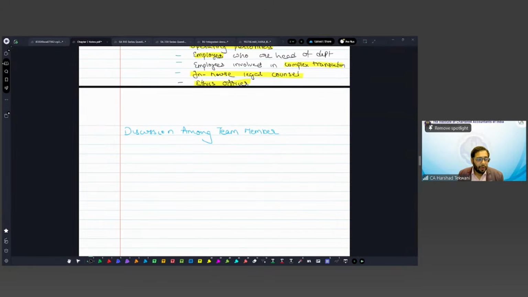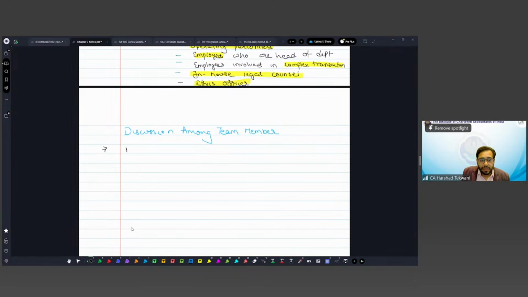Now, even beyond that, let's say in the discussion you have the engagement partners. Engagement partners have their experience with the entities. They have done the audit last year also. So they know where there can be fraud.